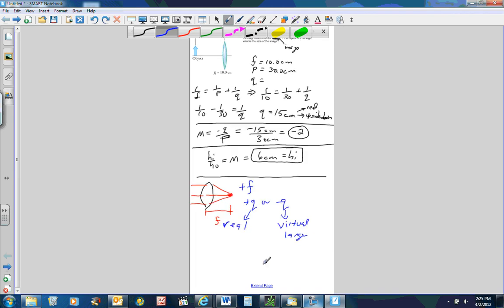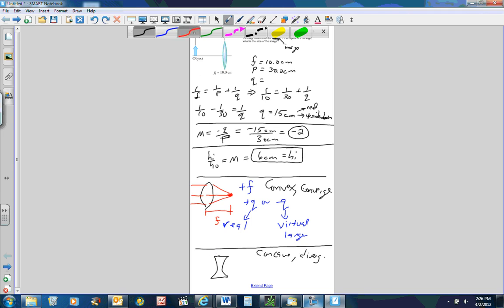The other type of lens we have is the concave or diverging lens. It looks like this. In extreme, it looks like an apple core, sort of, that's been eaten. And so this is convex, converging. This is concave, diverging.